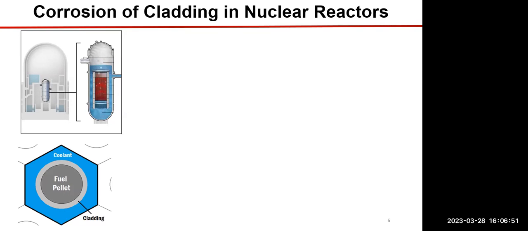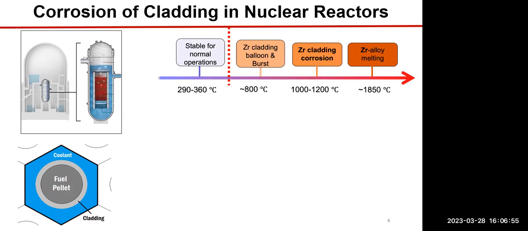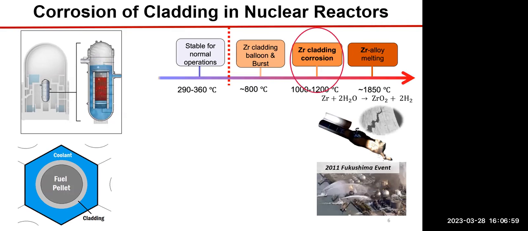This material is very stable in normal operation conditions, but things can change in accident conditions. As shown here, in the high temperature region, the surface corrosion reaction happens and damages the surface and induces cracking of the surface, which may even cause accidents in the nuclear reactors.